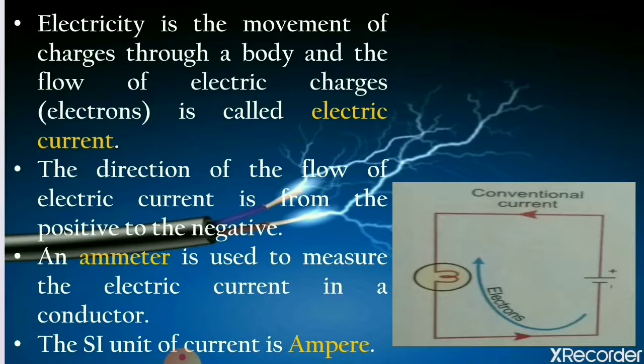Atom is the smallest unit of matter, and it is electrically neutral, means first of all, atom is not having any charge, but it consists of some charged particles, that is positively charged particles, negatively charged particles, and neutral particles.